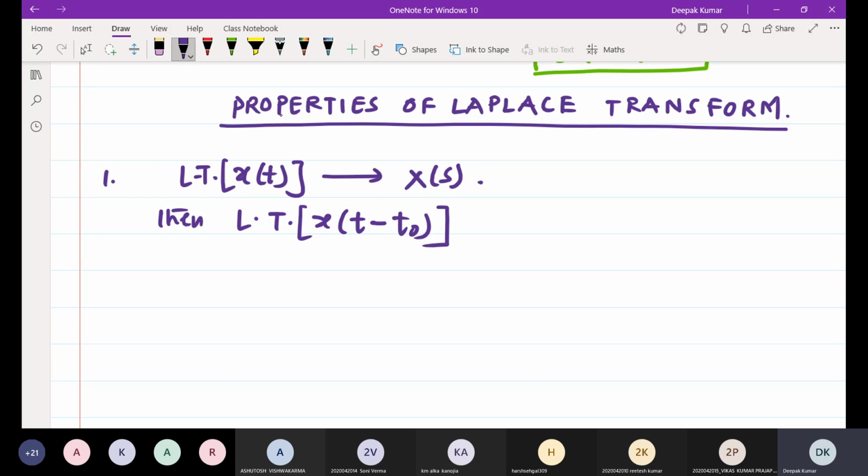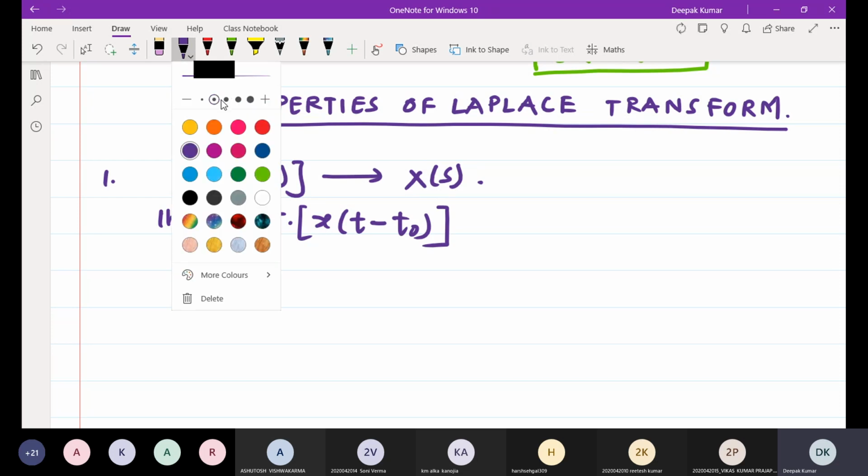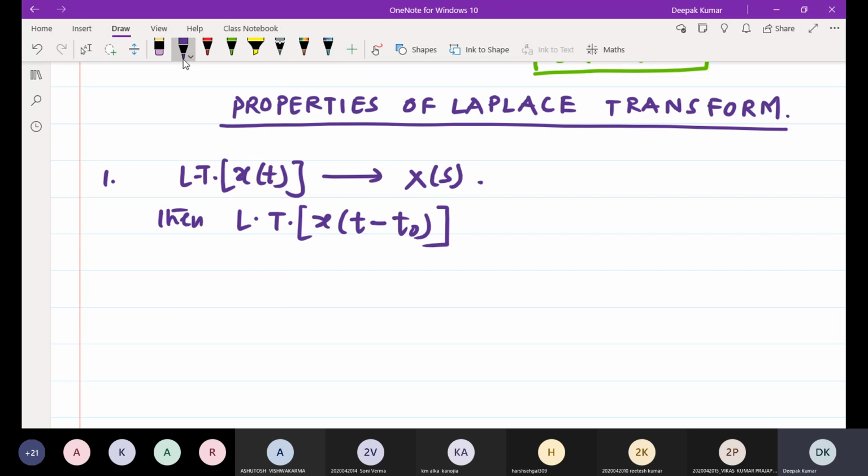To do this, you follow the simple steps we have discussed about the Laplace transform. That is, the Laplace transform of any function is defined as the integration from minus infinity to plus infinity of x of t minus t naught e to the power minus st dt.